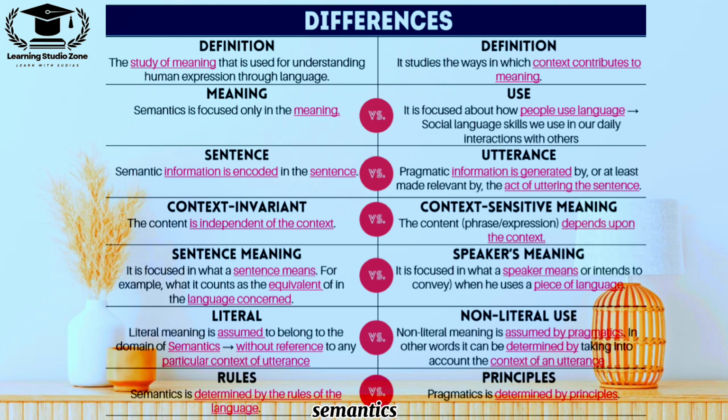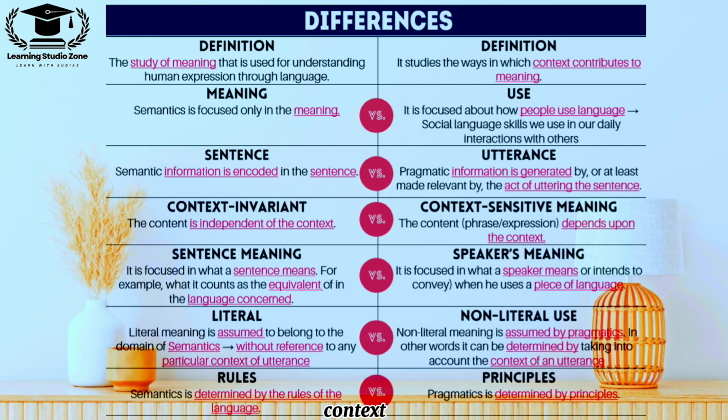In semantics, we study the sentences, as semantic information is encoded in the sentences, while in pragmatics information is generated by, or at least made relevant by, the act of uttering the sentences. In semantics, we use the context invariant.